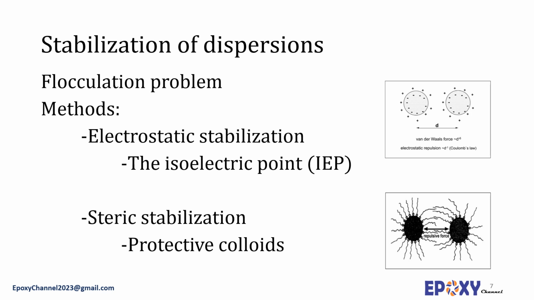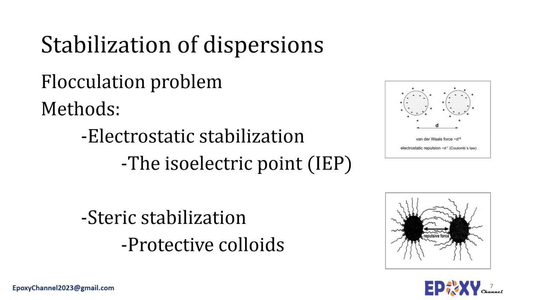In other words, above the isoelectric point, the particles are negatively charged, and below it, the surface is positively charged. Therefore, the density of electric charges increases as the difference between the pH of the dispersion medium and the isoelectric point increases. Due to the high dielectric constant of water, electrostatic stabilization is especially important in waterborne systems.